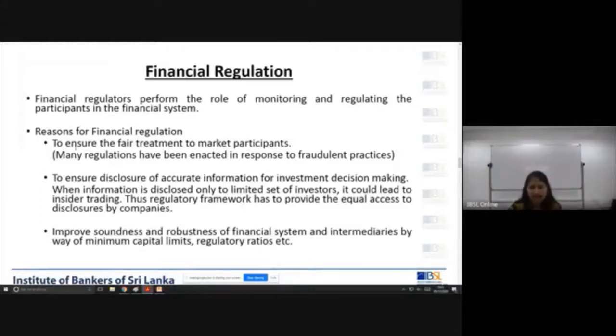That information gives me a better chance to get a higher profit. Is it fair? No. So to ensure that all market participants are treated on equal footing, you need regulations to step in.